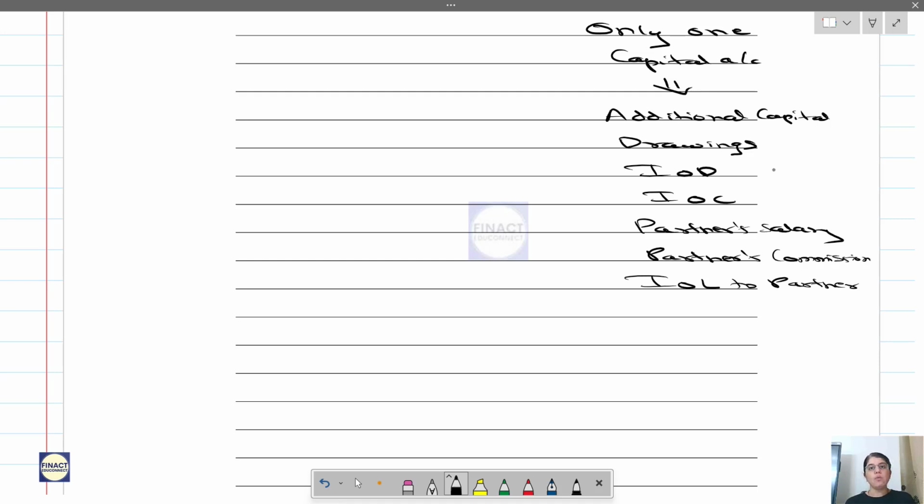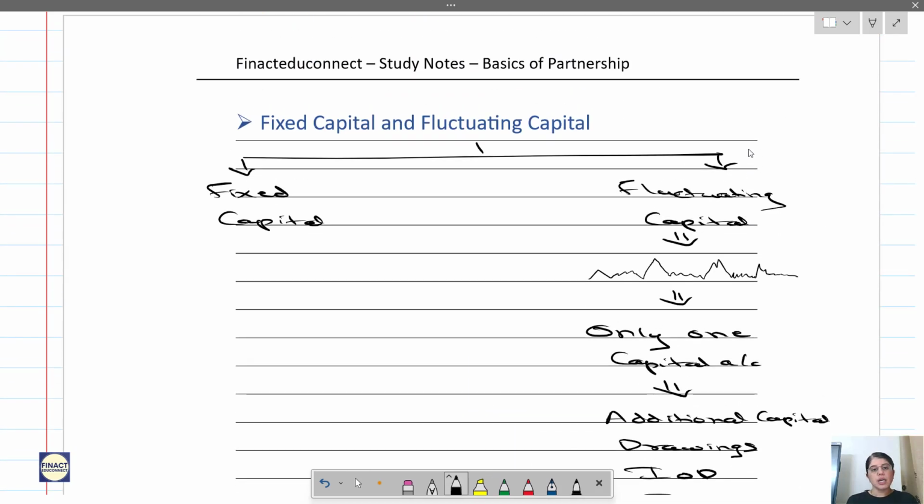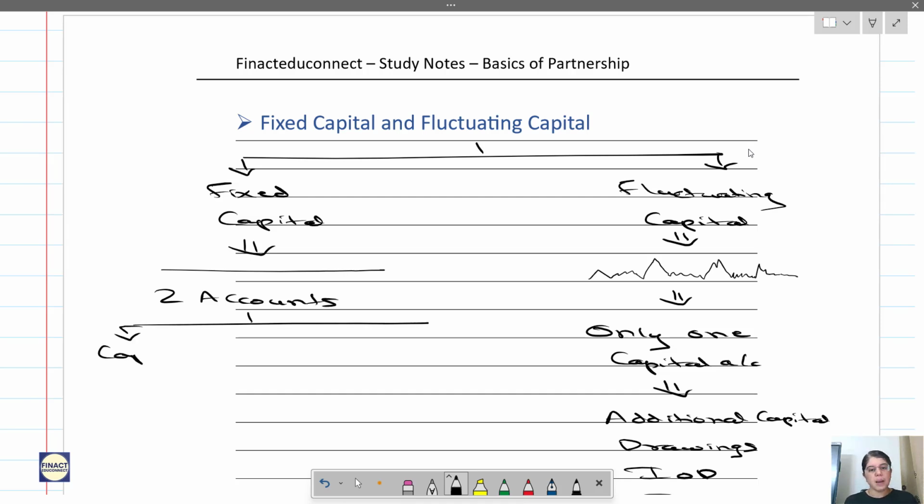Now let us understand what is a fixed capital method. So in the fixed capital method, as the name itself suggests, your capital will not fluctuate much. It will remain fixed. Then what will I do about all these entries like interest on drawings, interest on capital? So in this case there are two accounts that are maintained. One is capital account and one is current account.